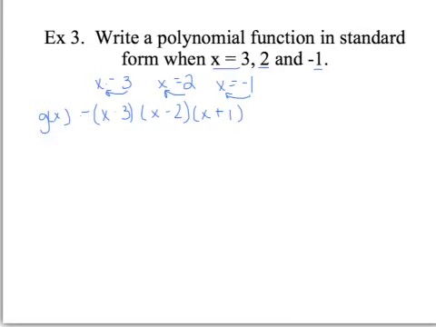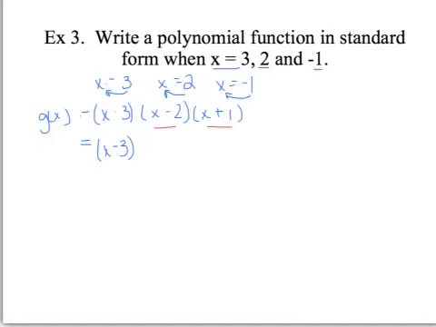But when you go to multiply these, because you need to put it in standard form, you can only multiply 2 factors together at a time. And it doesn't matter which 2 you pick. I'm just going to go ahead and pick the last 2 first. So I'm just going to rewrite x minus 3. We're going to leave that alone for right now.